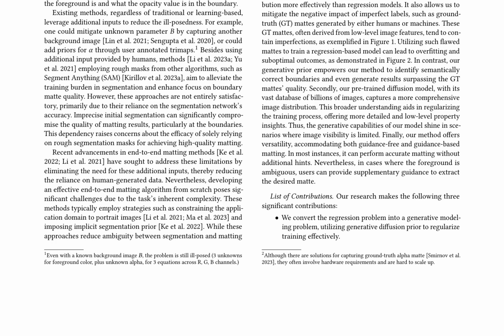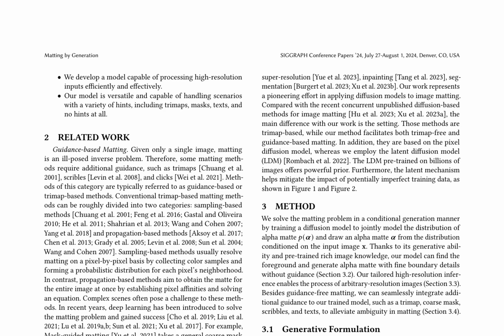This approach has several key advantages, including the ability to handle uncertainties inherent in data, mitigate the negative impact of imperfect labels, and offer versatility in accommodating both guidance-free and guidance-based matting. The generative capabilities of the model shine in scenarios where image visibility is limited, and it can perform accurate matting without additional hints.